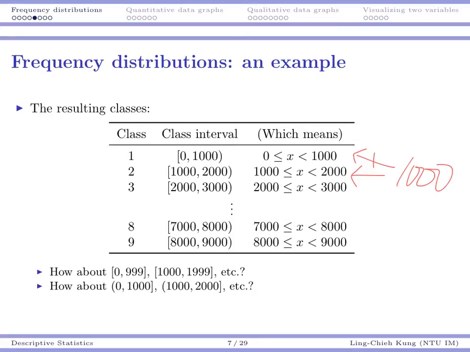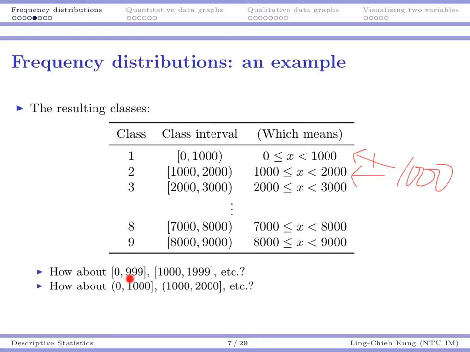Because we have this precise definition, we can see some typical errors. One typical error is to say the first class is 0 to 999, and the second class is from 1000 to 1099, and so on. If you are 100% sure that all the numbers would be integers, just like in this example, then it should be okay.